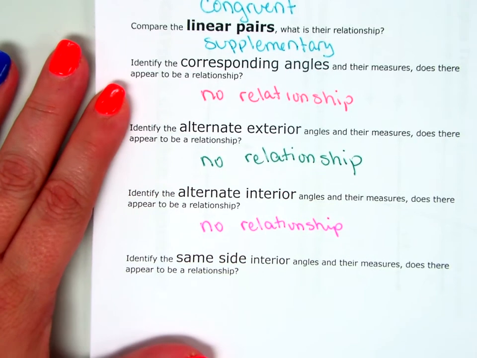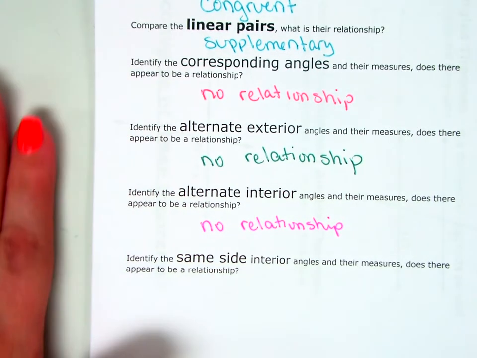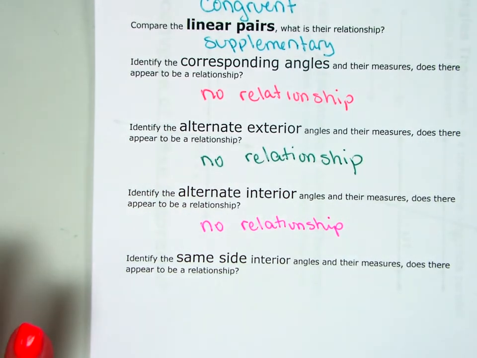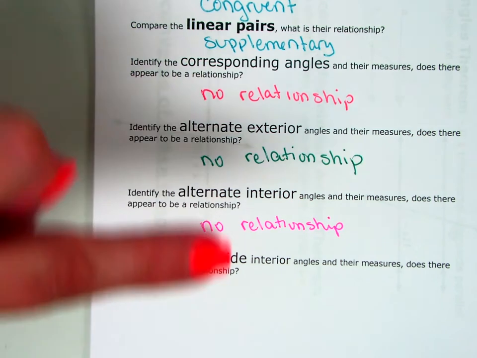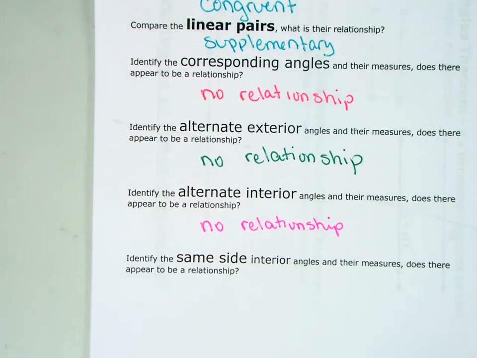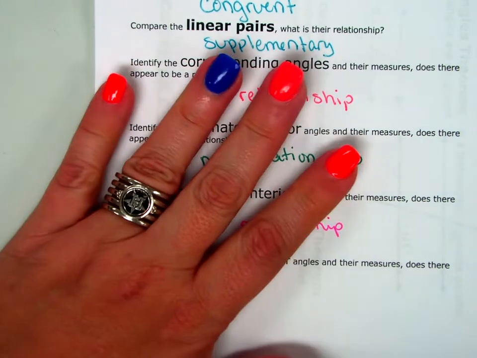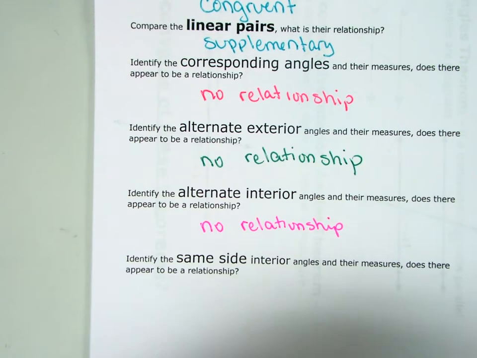So if I was going to use inductive reasoning to talk about the angle relationships formed with transversals, and I saw no relationship, no relationship, no relationship, what would we think about for the last one? Probably no relationship if I'm just doing inductive reasoning, but let's look and see.